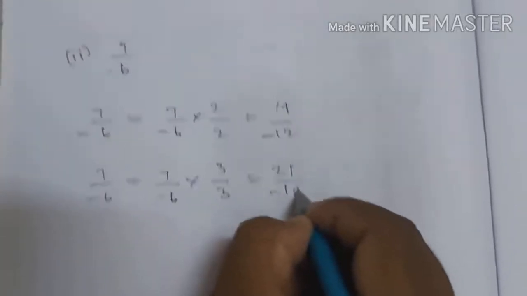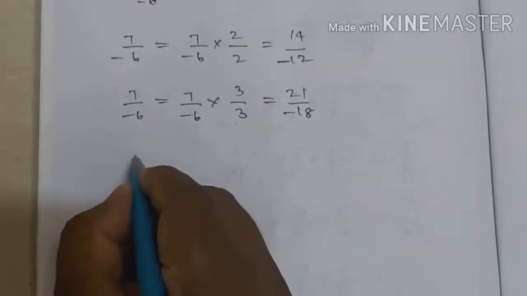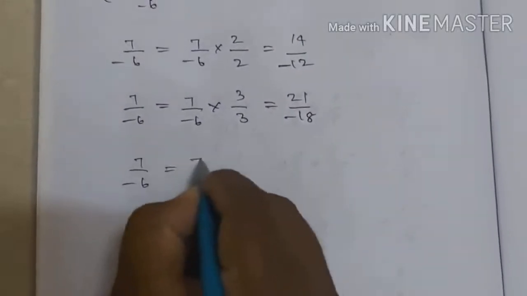Next, you multiply by 4. 7/-6, multiply the numerator and denominator by 4.